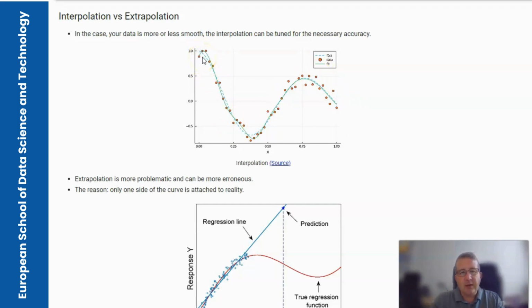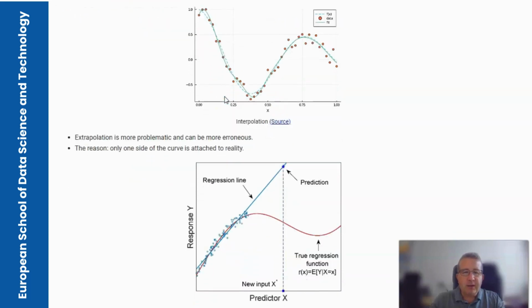If you made a very bad estimation, then your error would increase significantly, and it will pull your model back to the data. But extrapolation means that you try to predict values outside the domain that you have data from. This is the figure about it, so here you do interpolation and here you do extrapolation.